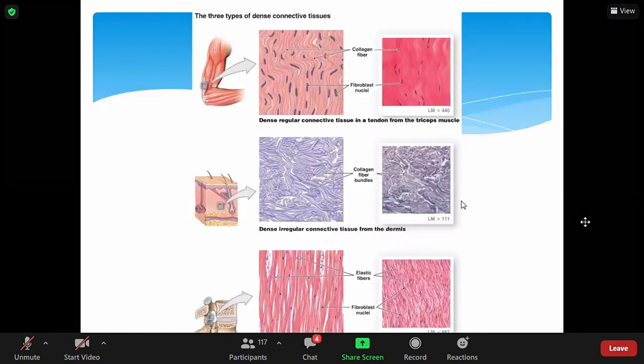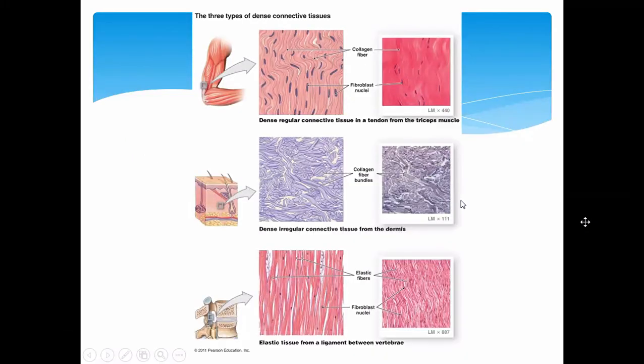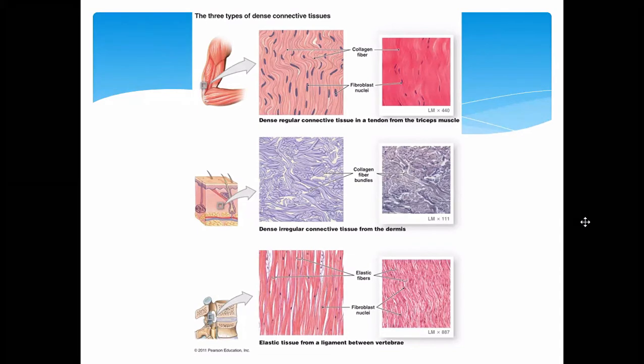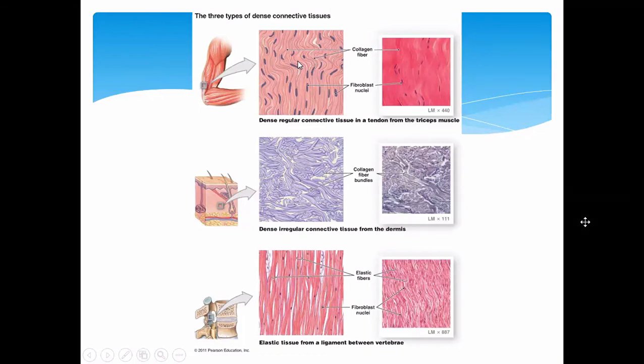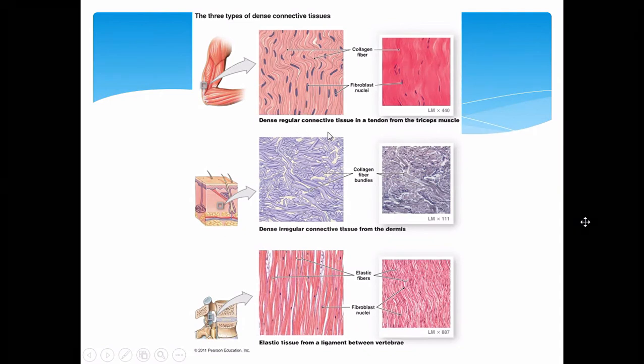Okay. Again, this is another picture of your dense, regular connective tissue. Okay. Dense. So by the word dense, it is puno, no, compact. Okay. There are almost no spaces. Okay. So these are the collagen fibers. Dense, regular.